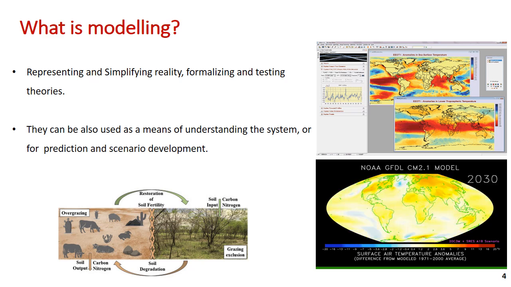Another example is that we know that desertification is caused by different factors: socioeconomic factors, environmental factors, political and institutional factors, and all of those factors interact with each other in a complex manner. So how can we understand a complex system like Earth, or how can we analyze a problem like desertification? The answer to that is by modeling. Why? Because modeling is a simplification and representation of reality.